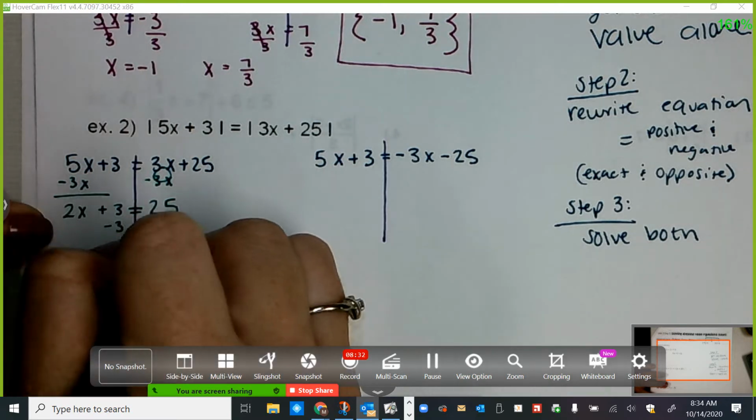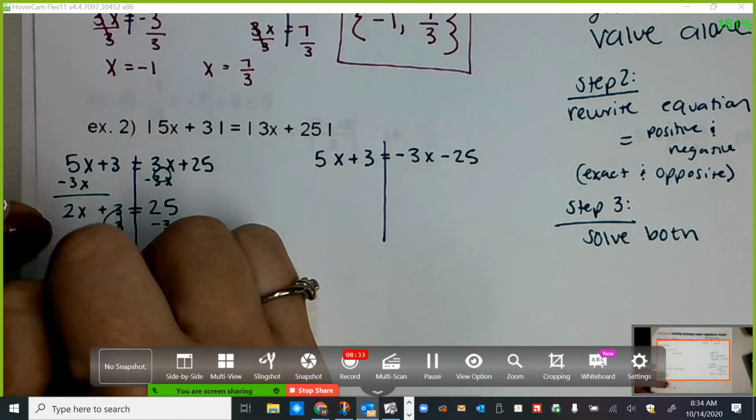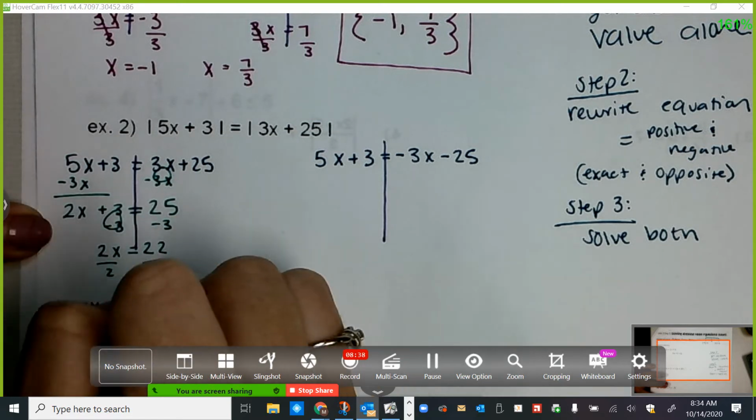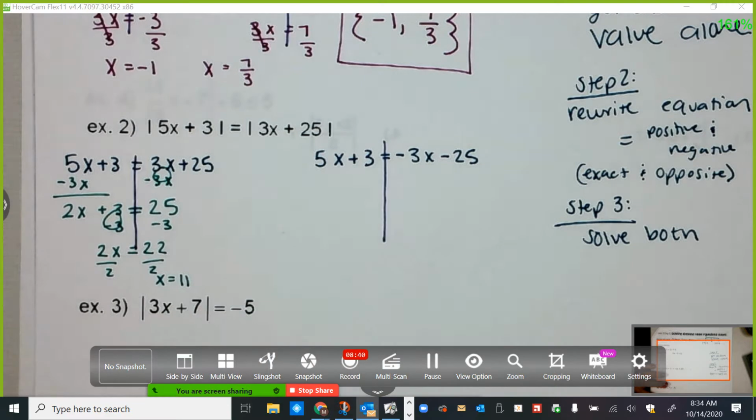Subtract 3 from both sides, and I get 2x equals 22. Divide by 2, divide by 2, I get x equals 11. Okay, any questions with that side?